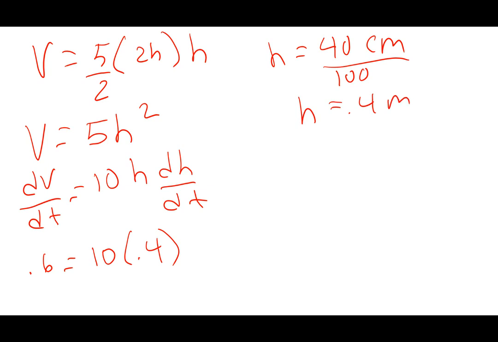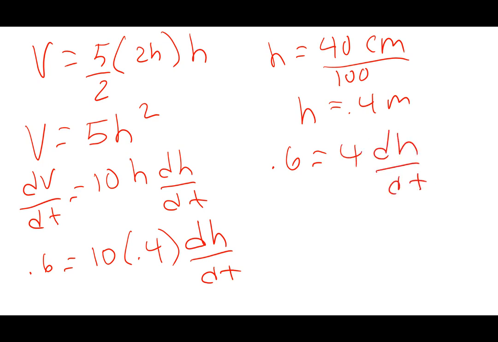So if you plug that 0.4 in and then dH/dt, 0.6 is equal to 10 times 0.4 is 4 times dH/dt. Divide by 4. So dH/dt is equal to 0.6 divided by 4. That's going to give you 0.15.